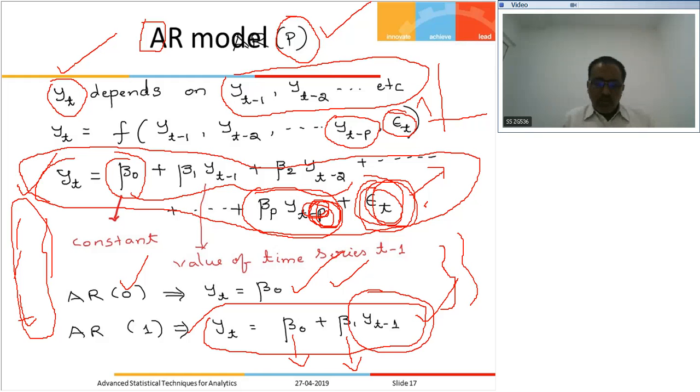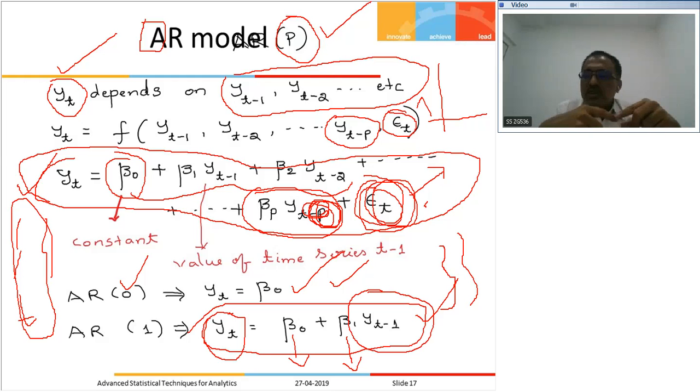So now we are doing forecasting at time t, where we take the value at t minus 1. This y t minus 1 is the value at t minus 1. Similarly, the value at t minus 2 and so on. So if you remember my discussion at the beginning, here it is not between two variables.